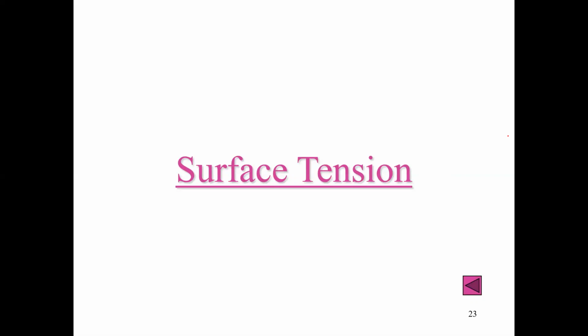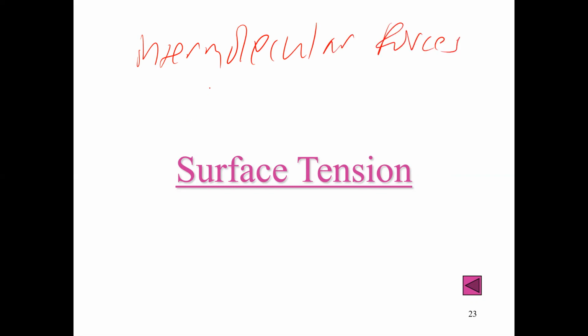Now, the key thing about surface tension is it's all about intermolecular forces. For example, if you've got water, looks like this. Okay, and you put another water molecule next to it that looks like this. This will attract here.